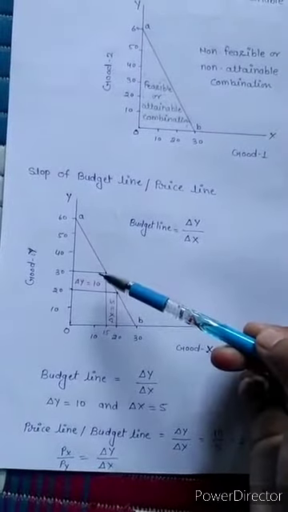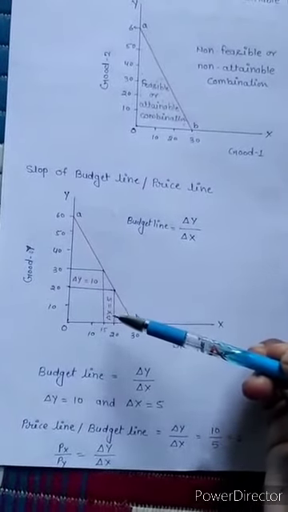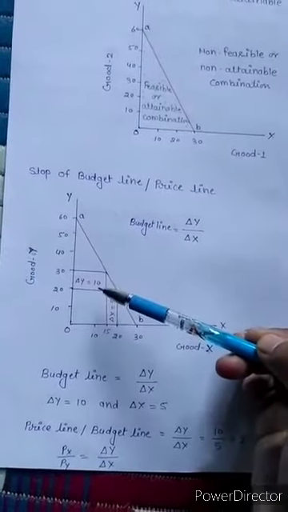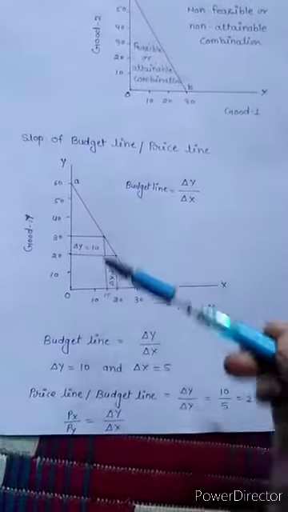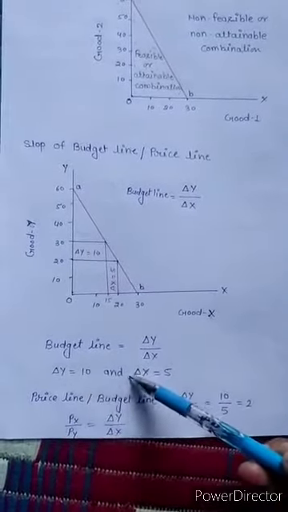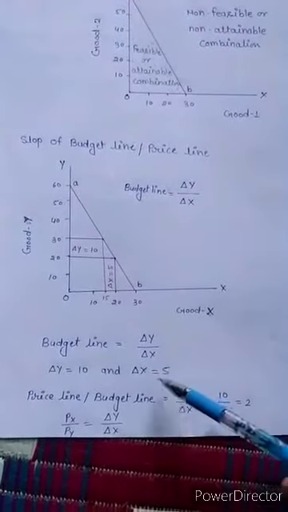Here, to get 5 excess units of X commodity, he can sacrifice 10 units of Y commodity. So change in Y is equal to 10, change in X is equal to 5.